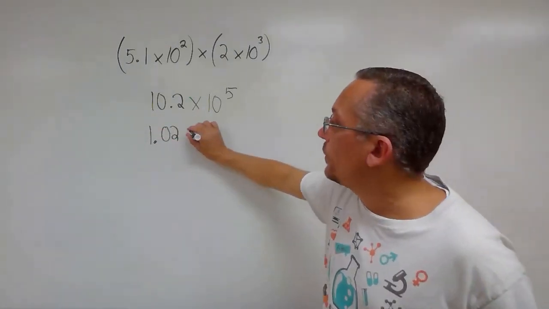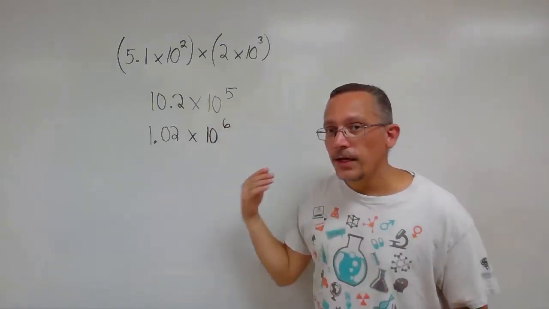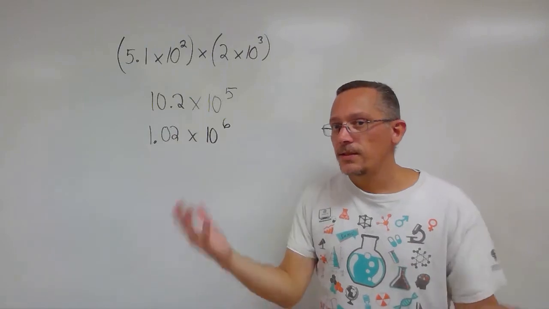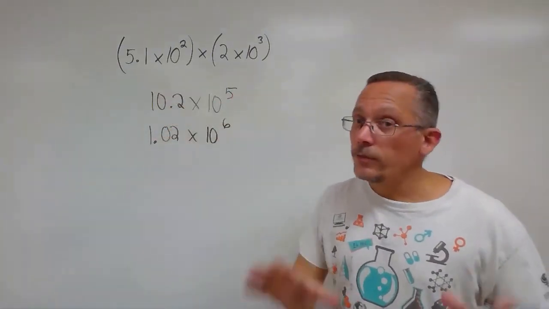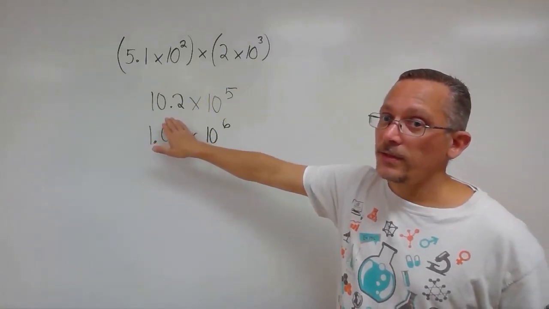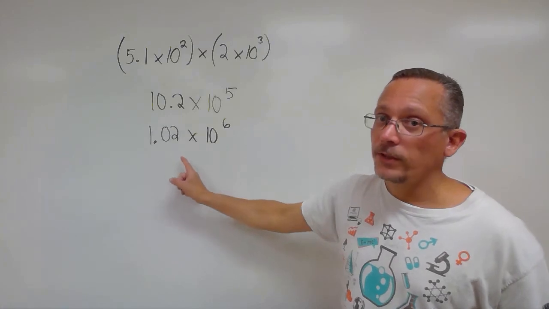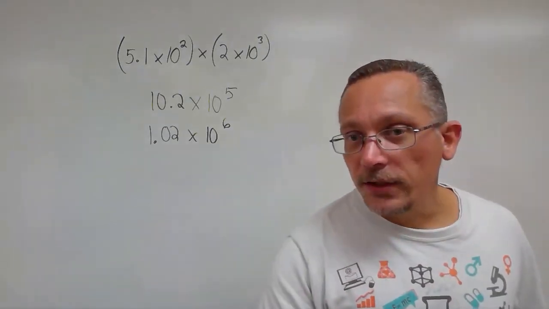So now what's the exponent going to be? It's going to be 6, because that decimal point's been moved left 6 times. So when you multiply some numbers in scientific notation, be careful. Look at your answer, make sure it's between 1 and 10. If it's not between 1 and 10, you'll have to adjust it. You get a similar problem when you divide. Let's take a look at that.